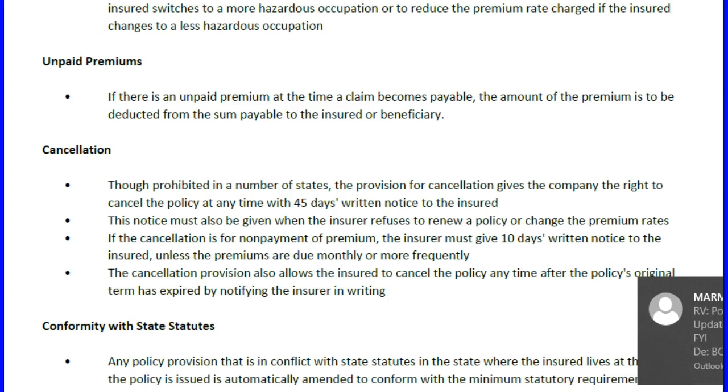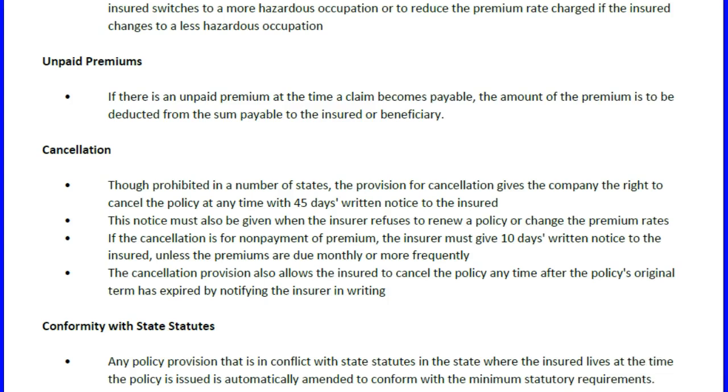Cancellation, though prohibited in a number of states, the cancellation provision gives the company the right to cancel the policy at any time with 45 days written notice to the insured. This notice must also be given when the insurer refuses to renew a policy.